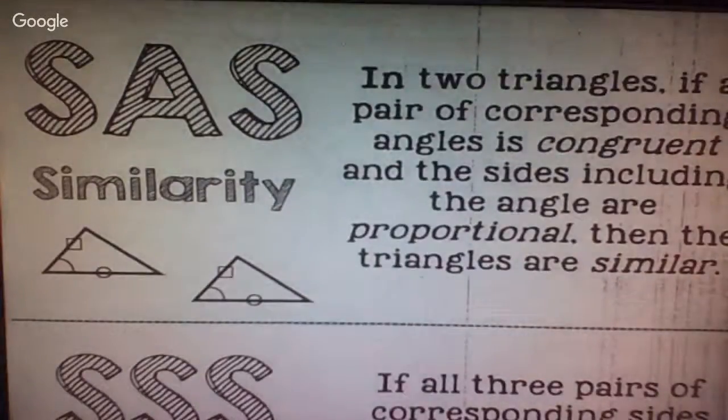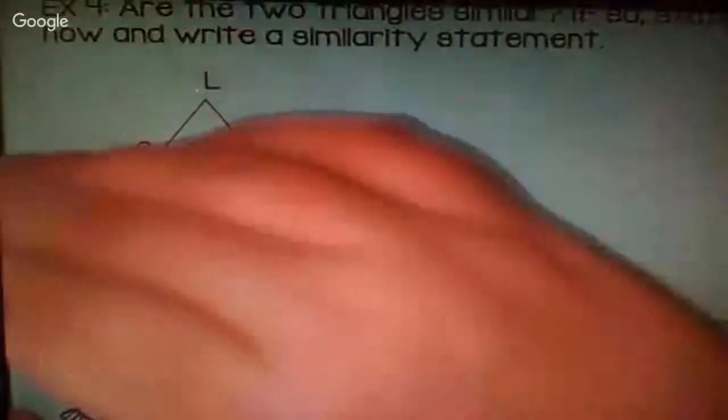Okay, so your second theorem says if I can prove that one angle is the same and two of the sides are proportional, then I have similar triangles.